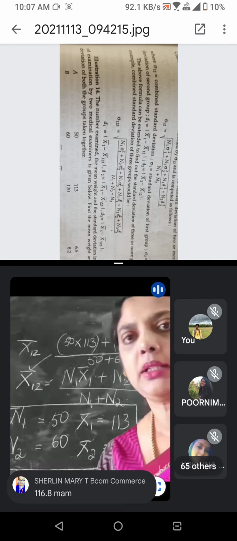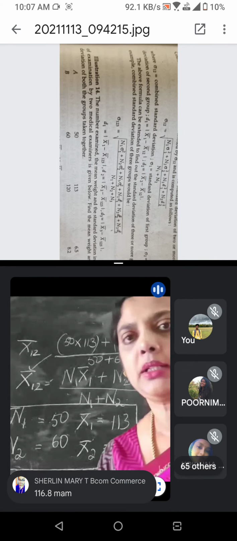So if you look at the other detail that you're asked to calculate, it is called the combined standard deviation. You separately have 6.5 and separately 8.2 for 50 people and 60 people, right? But what is the combined standard deviation? I have already posted the formula for you.